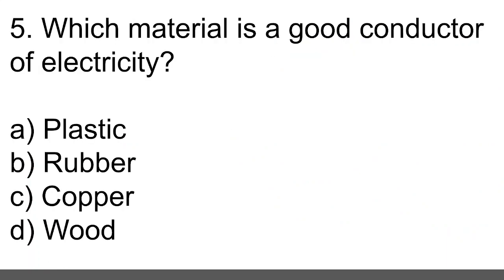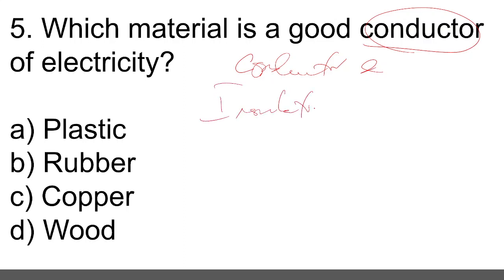Okay, number 5. Which material is a good conductor of electricity? There are two kinds of materials, conductor and insulator. When we say conductor, it permits, it allows, and it conducts.